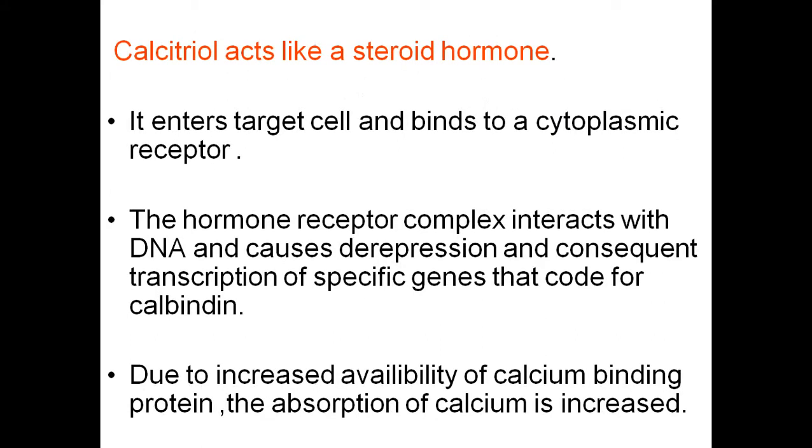Now this calcitriol acts like a steroid hormone. So I said vitamin D is a steroid hormone. Calcitriol acts like a steroid hormone, because though it is not a hormone, it functions like a hormone.